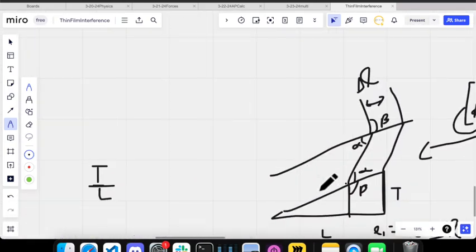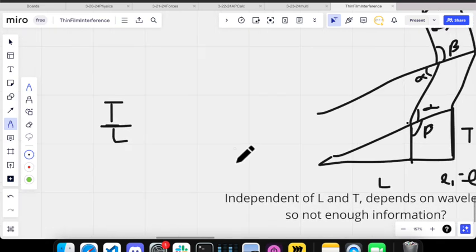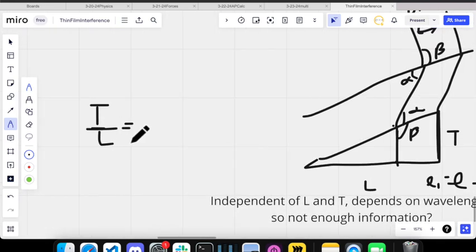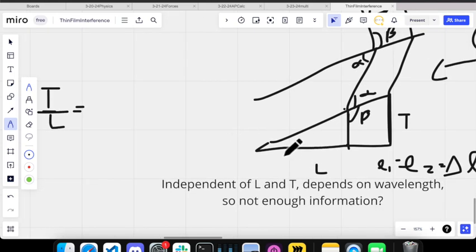And that's going to be equal to, let's say we have some T, right? So that's going to be in proportion to some other L1. So let's say this is T. And there's going to be some L1 here, and that's going to be in proportion to a difference in the path length. So we want T plus delta L.